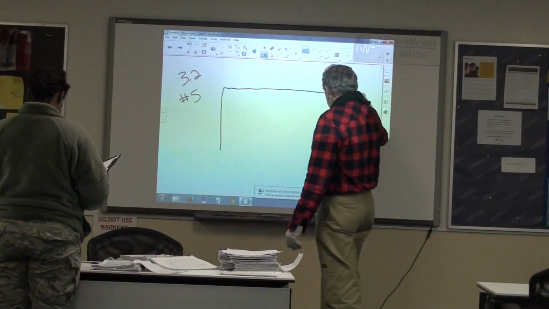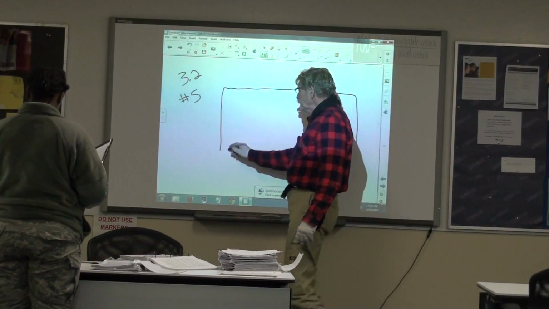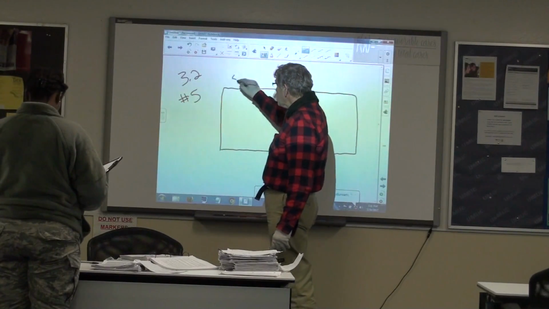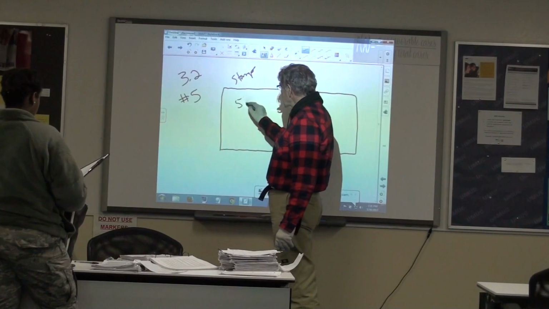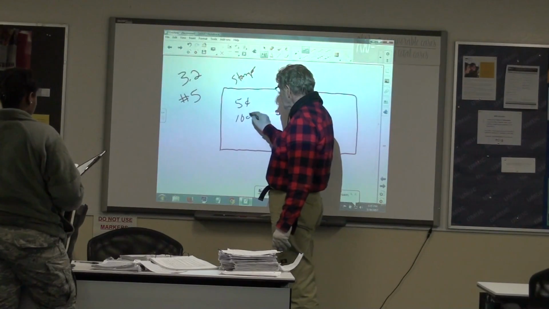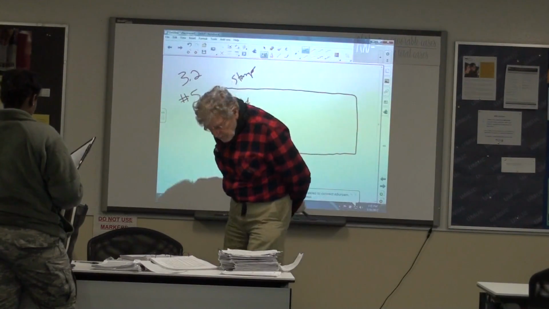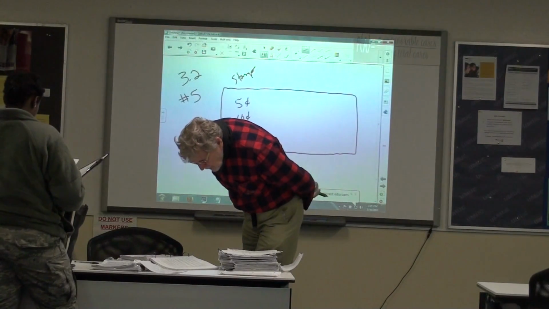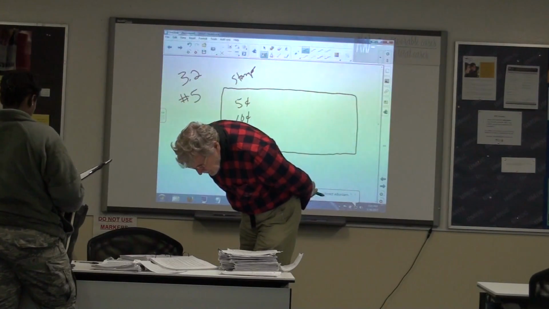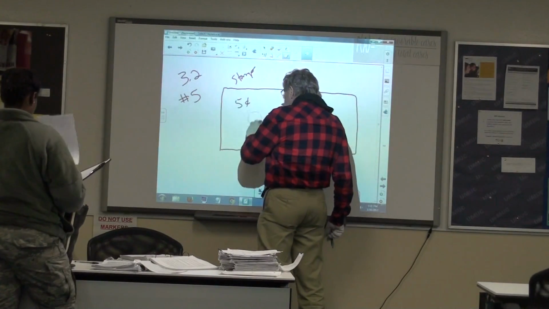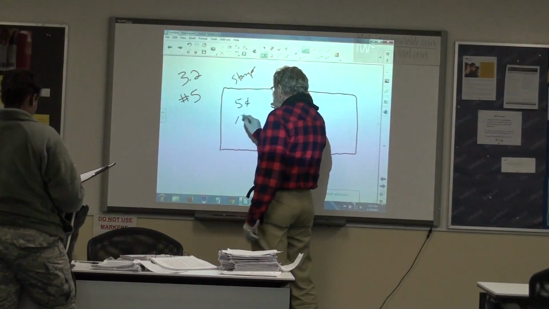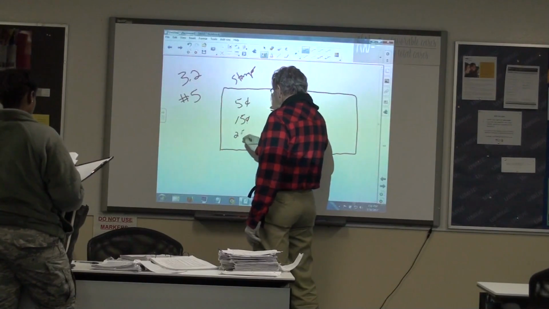Okay, well, let's make a table. And the first thing that we're gonna do is have our stamps. We have 5-cent stamps, 15-cent stamps, and 25-cent stamps.